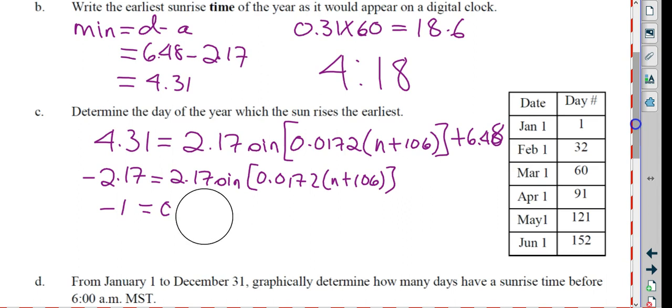Sine of 0.0172 n plus 106. So how do we get rid of that sine?